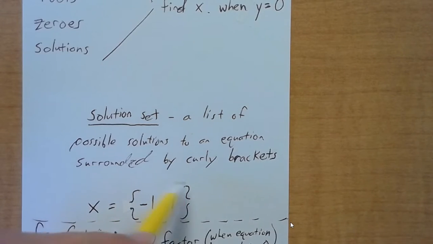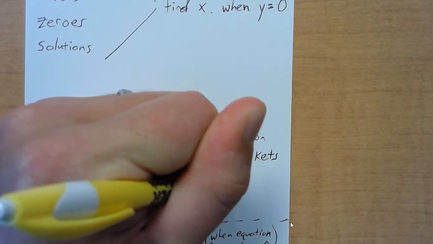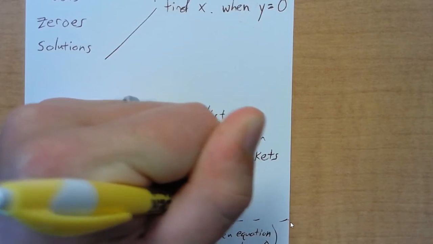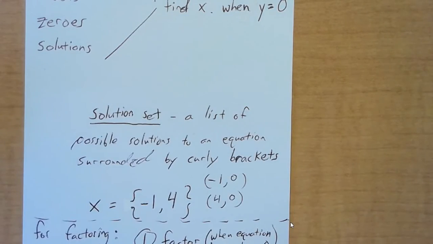This isn't an ordered pair, but it's basically telling us the x-intercepts on the graph. So (-1, 0) and (4, 0) could be points on my graph, but just make sure you know the difference. The curly brackets mean these are the possible values of x.